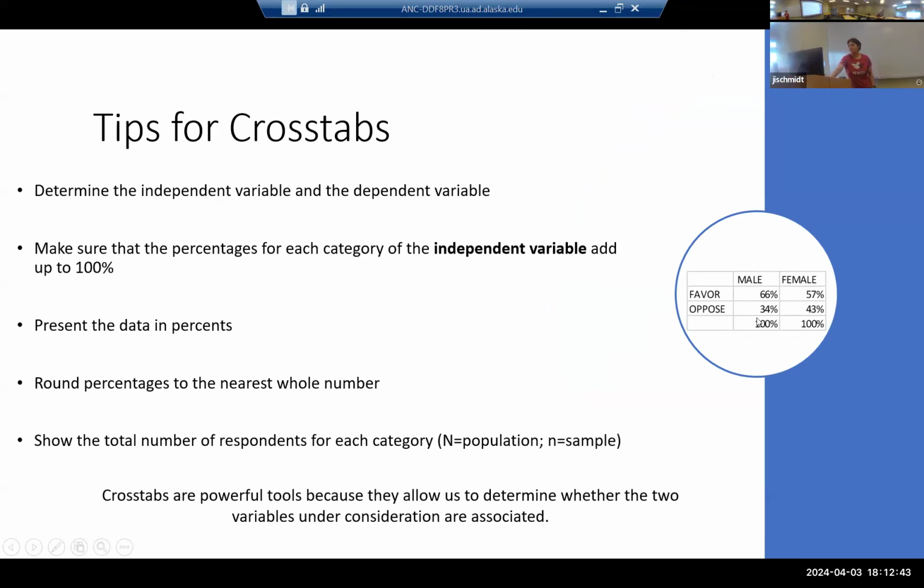So you know that 100% of the male responses are accounted for, and 100% of the female responses are accounted for. If you don't have really small percentages, in general you don't need decimal points. Just remove the decimal points, it makes things easier to read. Okay? And a lot of times it is helpful to show the total number of respondents in each category.